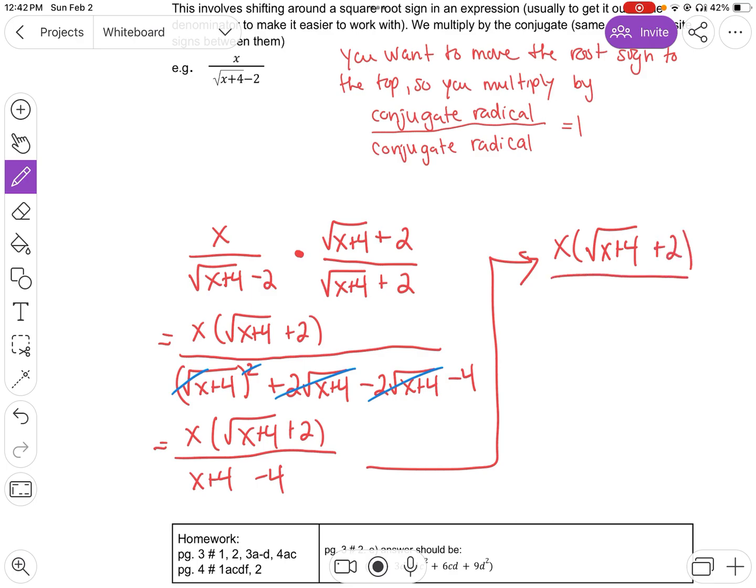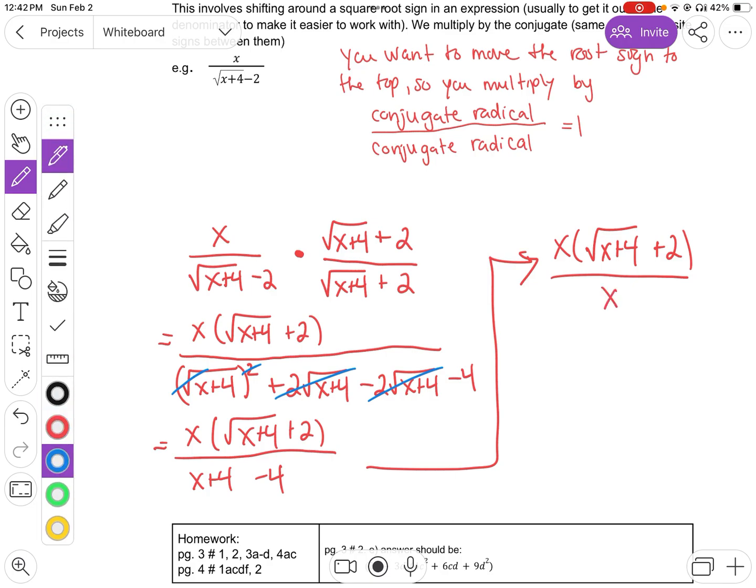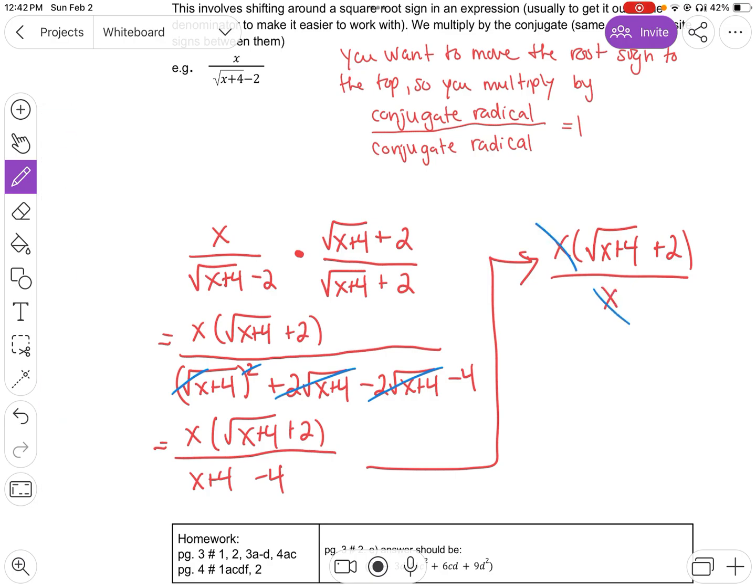And now x plus 4 minus 4 just leaves us with an x. So you'll see again that these x's cancel out, which will be very important in the next couple lessons that we do. And now we are just left with a nicer expression that's not a fraction. They won't always not be a fraction, but at least even if it is a fraction, it won't have a root on the bottom anymore. So a little bit nicer to deal with.